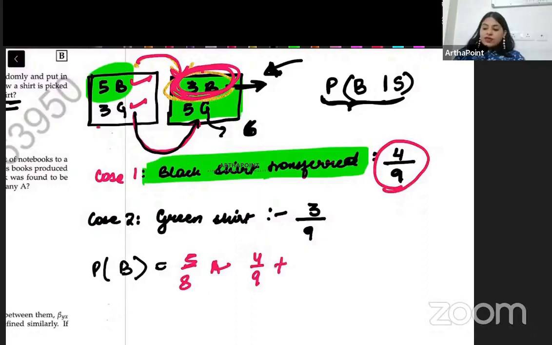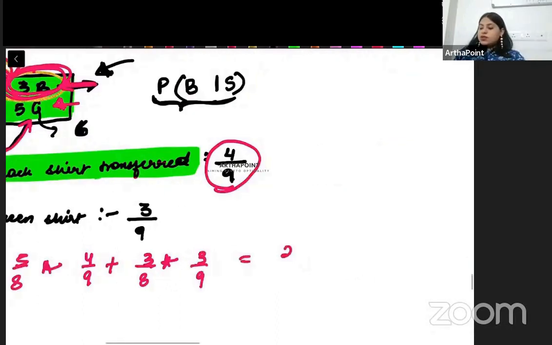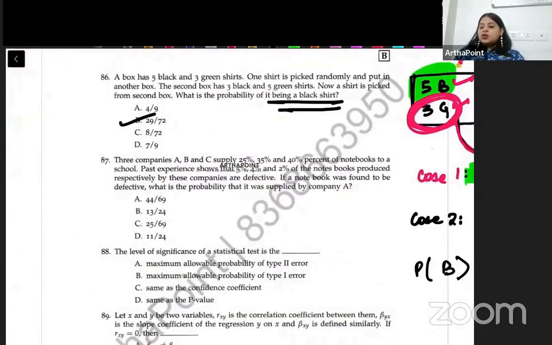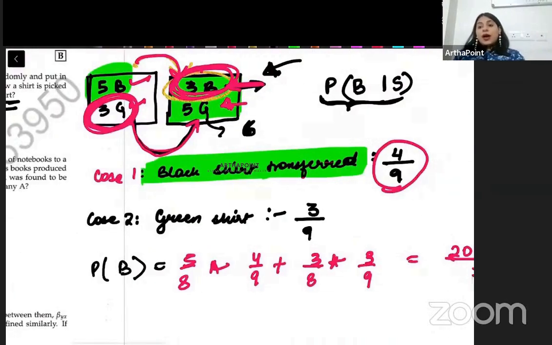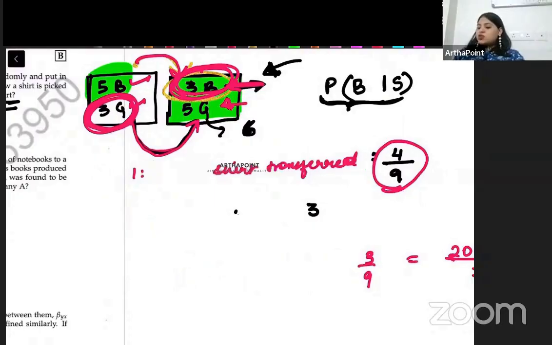Plus, I could have transferred a green shirt, so its probability would have been 3 out of 8. And if I would have transferred a green shirt, there would have been 6 green shirts but only 3 black shirts, so its probability would have been 3 by 9. So this gives me 20 plus 9 by 72, so 29 by 72. The answer to this question would be B, 29 by 72. Try to understand what we are doing in this. Okay. Come to the next question.